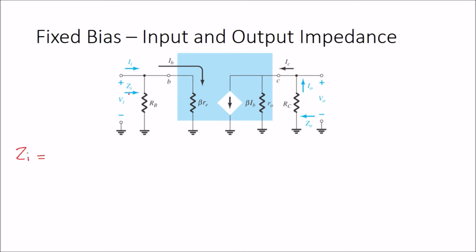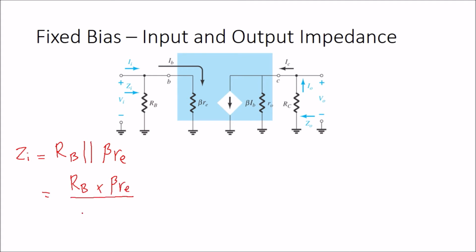If you look from left to the right, we can find out that RB here is in parallel. Zin will equal to RB parallel with beta RE. To calculate this one, I hope you know how to calculate the parallel resistor.